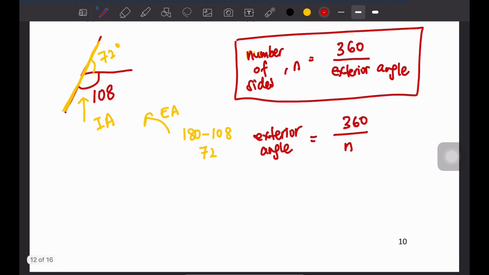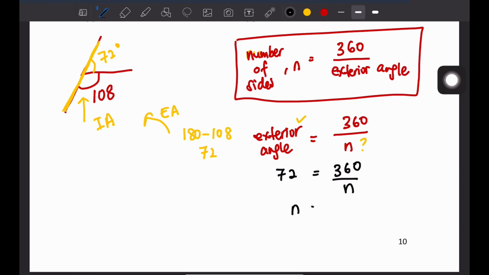Now we want to find n. We already have the exterior angle, so we just substitute. Exterior angle 72 is equal to 360 divided by n. Now we want n, so n goes up and 72 goes down. So n is equal to 360 divided by 72, and you will get 5.